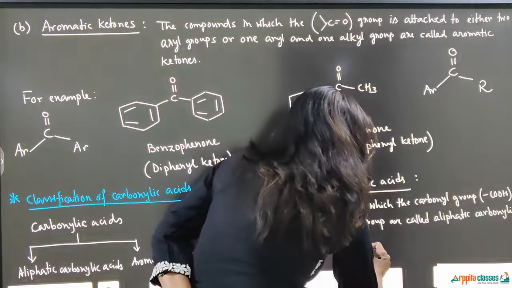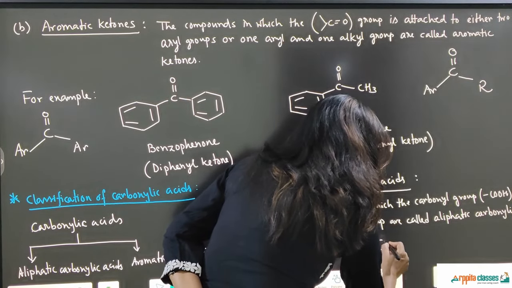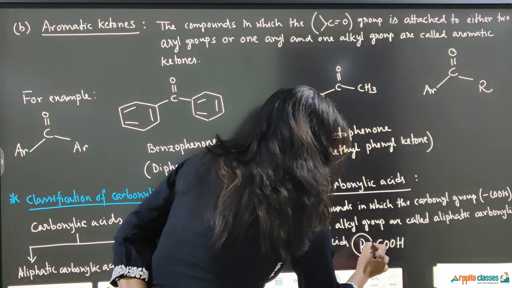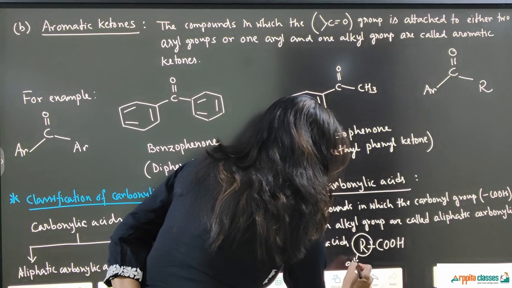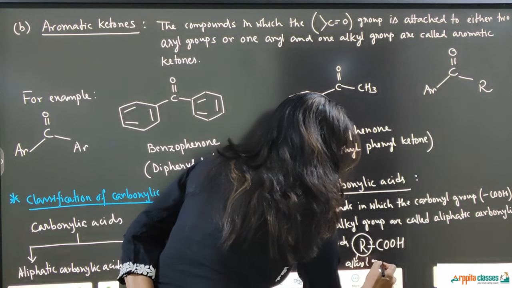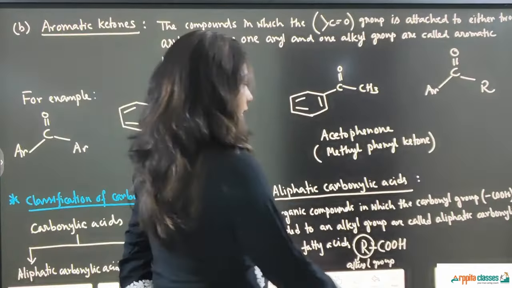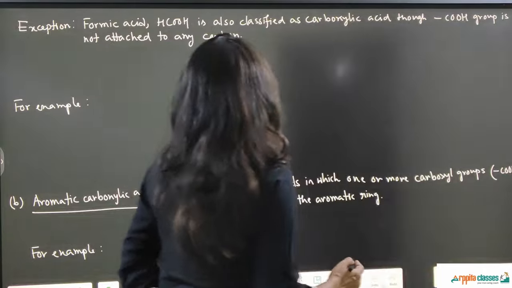For example, it is denoted as RCOOH, where the carboxyl group is attached to an alkyl group. We can take an example.